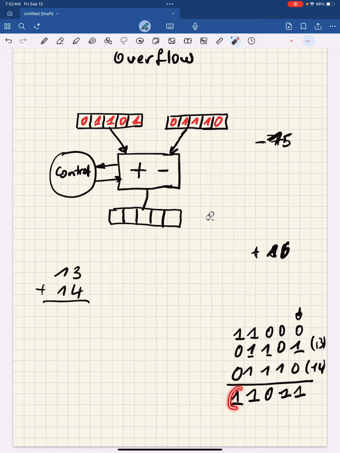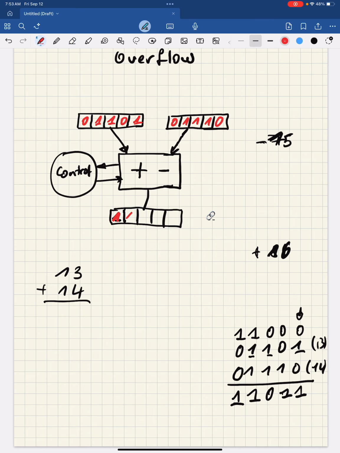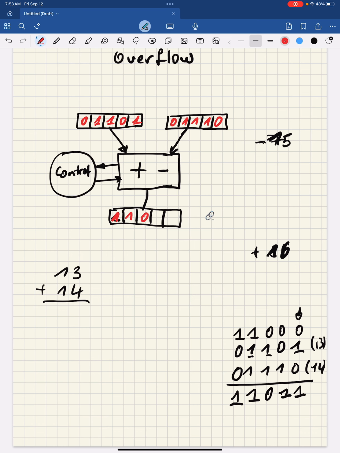But this one gives us something that is negative because we now have a 1 in front. So when we do the operation, the result that we will have in the register will be 1, then 1, then 0, then 1, and then 1.